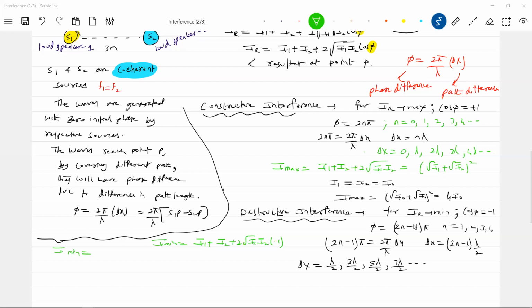So with further simplification, how much will it become? The minimum intensity should be equal to root I1 minus root I2 whole square.